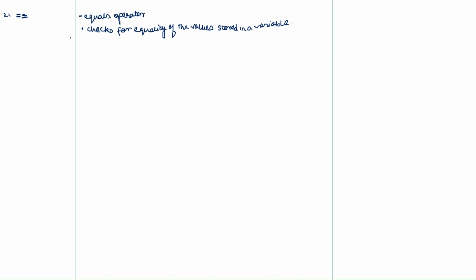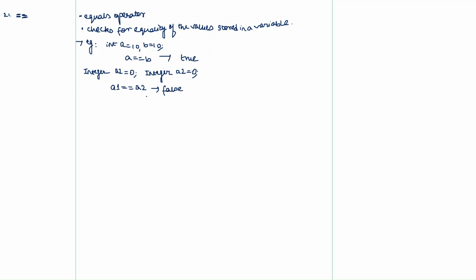We need to discuss one example here. Let's say I have int a is 10, b is 10, semicolon. If I write a equals equals b, then it's going to give me true. But if I say Integer a1 is equal to 0, and Integer a2 is equal to 0, and then I write a1 equals equals a2, this is going to give me false, because it checks for equality of references.